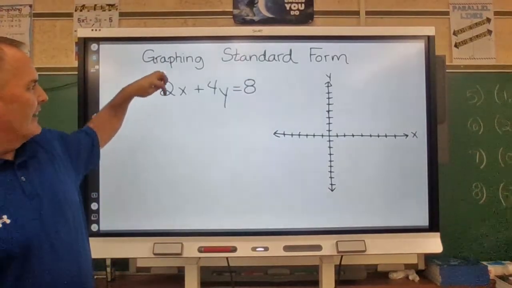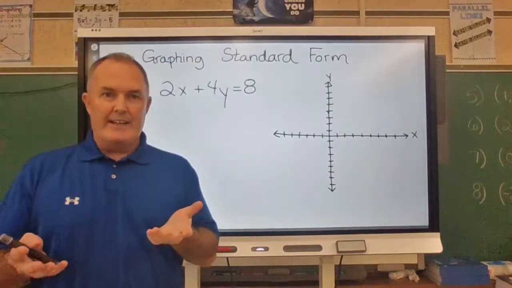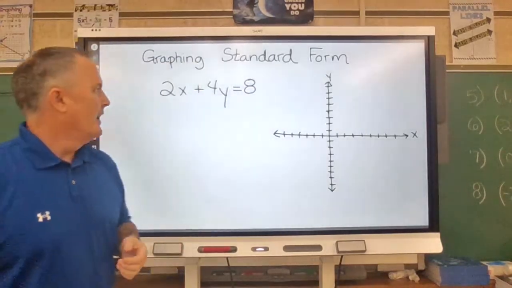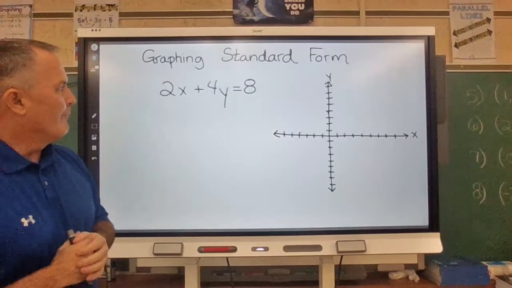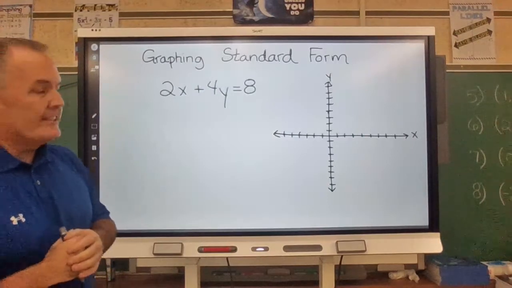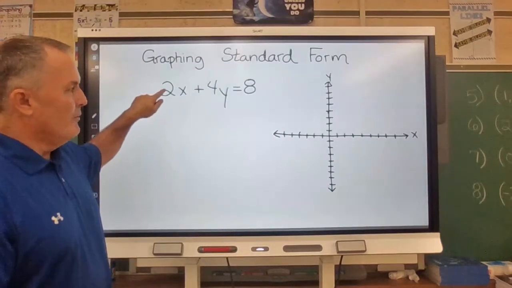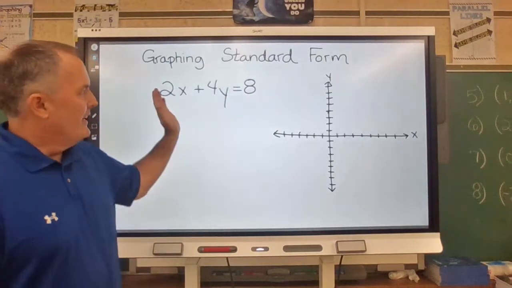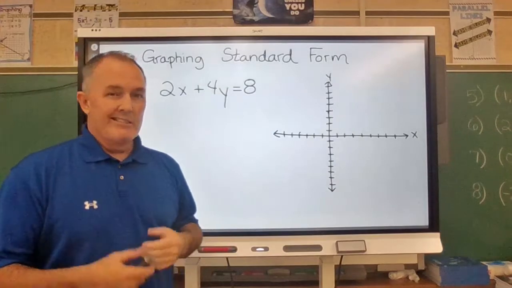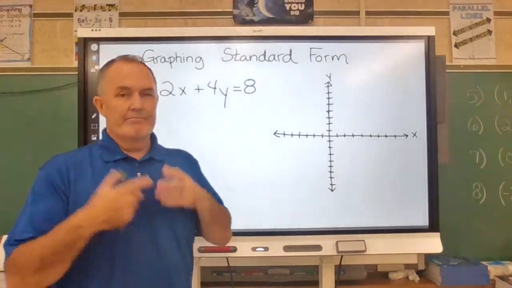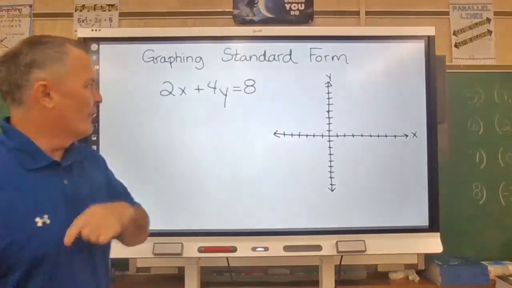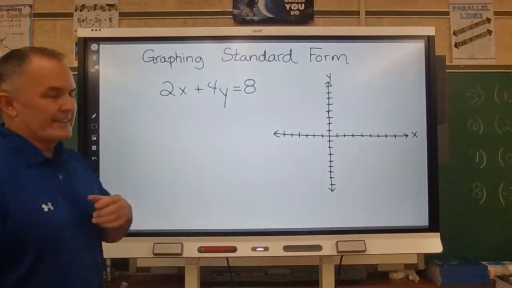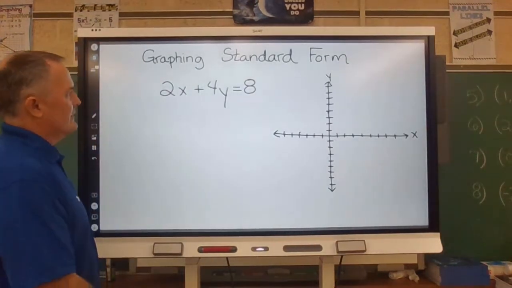I got my x and my y, which we always need when it comes to linear equations, and it's obviously in standard form. So I could take this and I could move the 2x over by subtracting it from both sides, and then divide everything by 4, and I'd have slope-intercept form. But another way to do it is to, as I said before, finding the x and y intercepts.